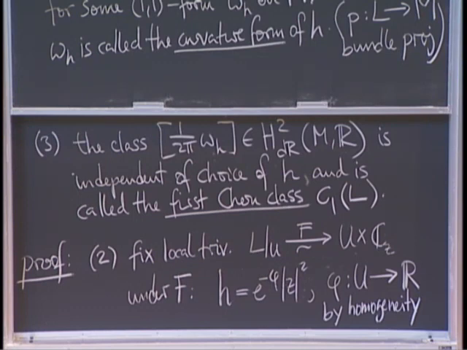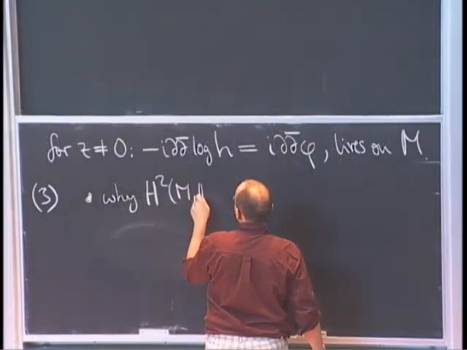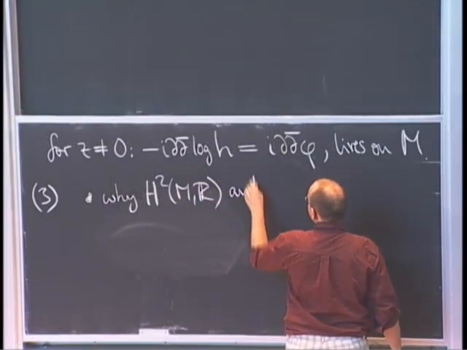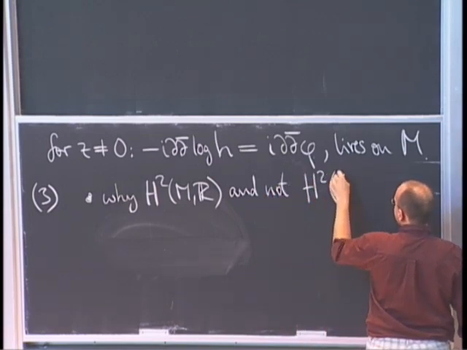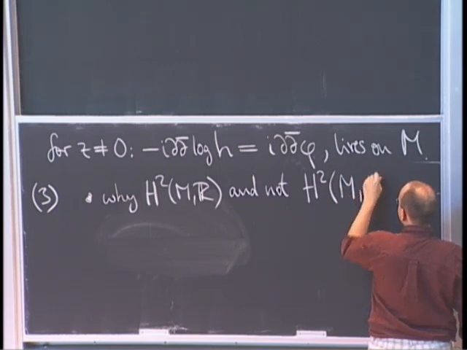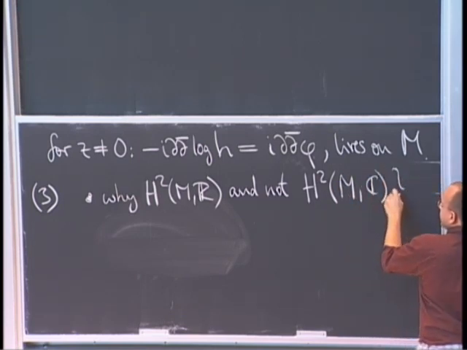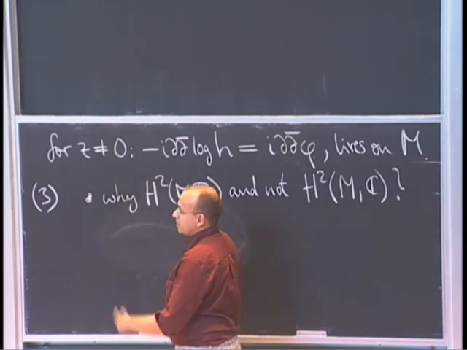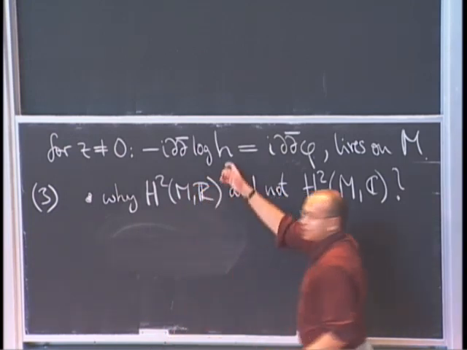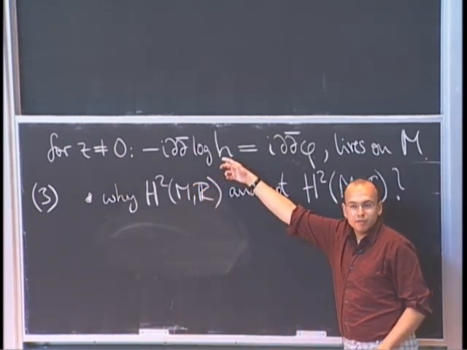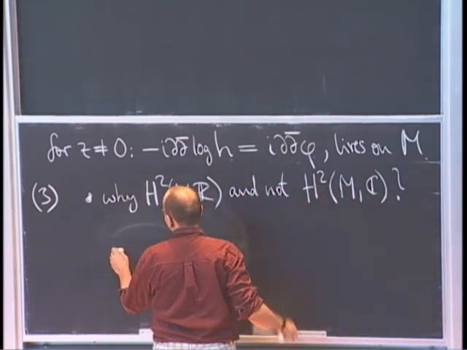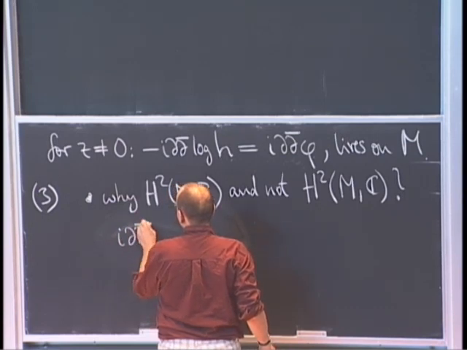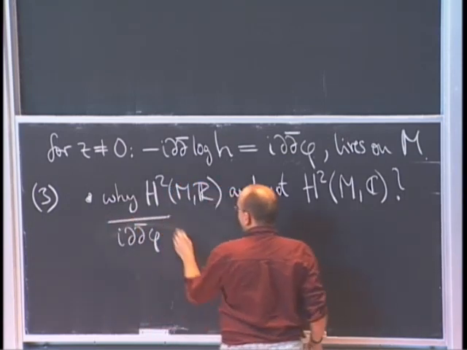So why H2 real and not complex? We're going to take the conjugate. All we need to do is check that, if we take the complex conjugate, that's actually the same thing. So I dd bar phi bar.